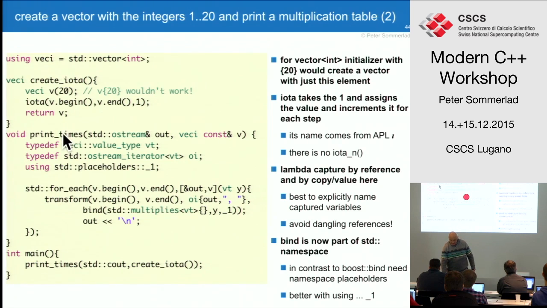Maybe one thing you might ask: here I'm returning a vector by value. Is that a problem? Is that a performance penalty I have to pay? Usually the compiler will optimize, it's the so-called return value optimization. So returning a local variable by value tends to be very efficient.